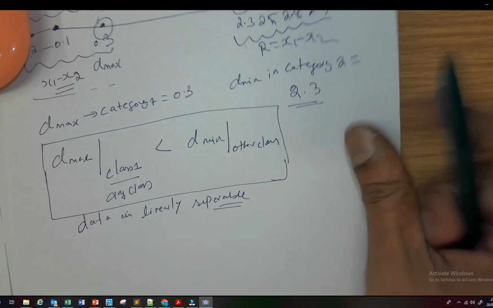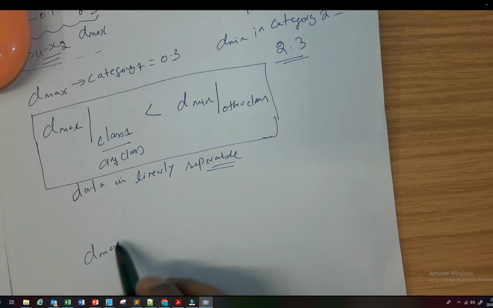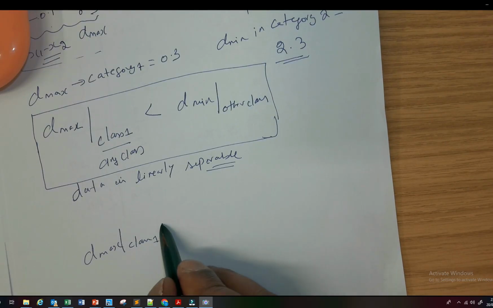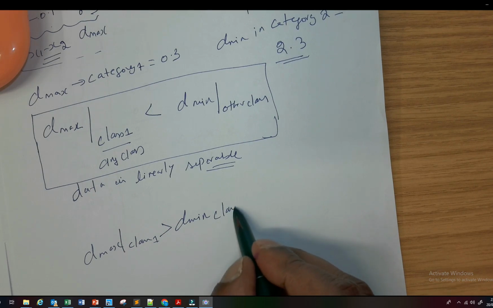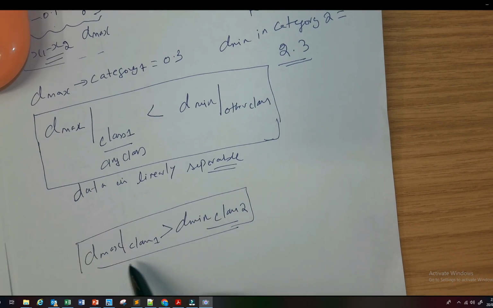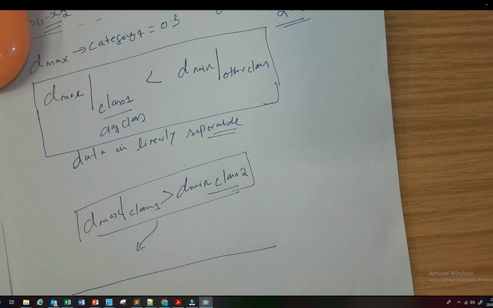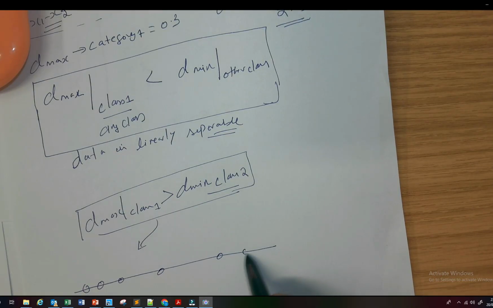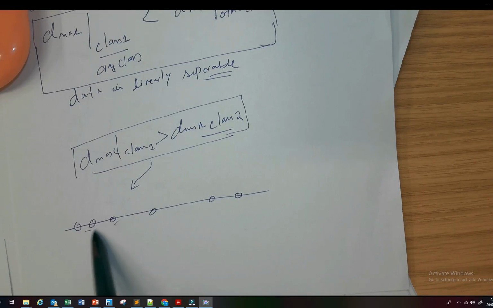So why is this condition a must? For example, imagine D max in class 1 is greater than D minimum in class 2. This is not linearly separable. How will this condition look in a one-dimensional graph? Let's say all these blue points belong to category 1.